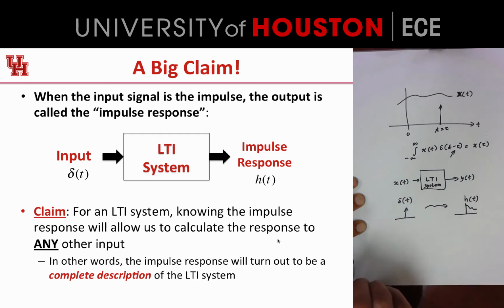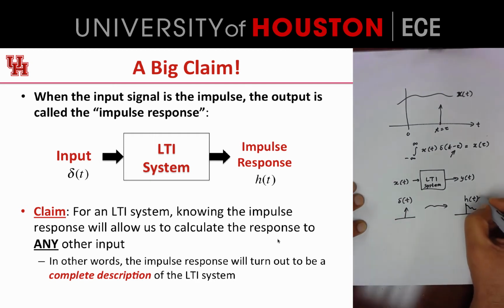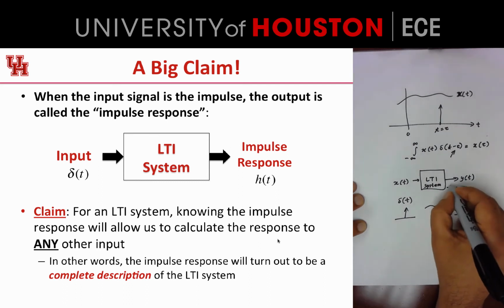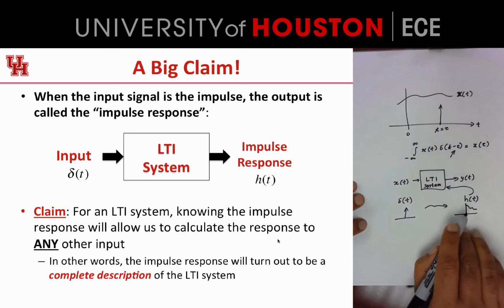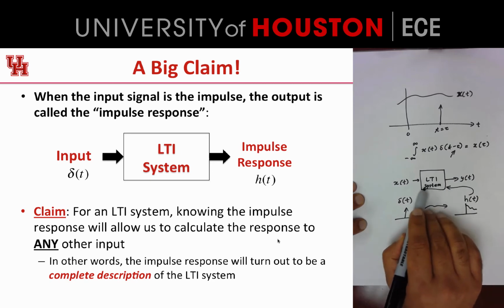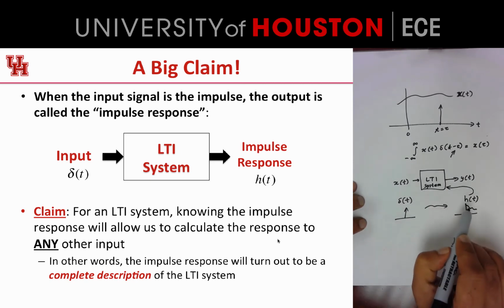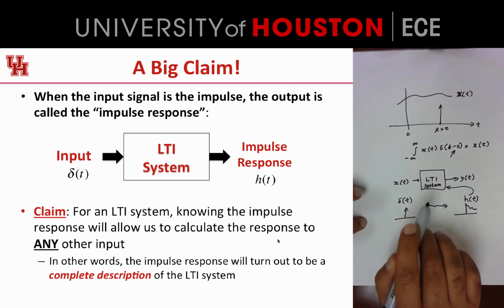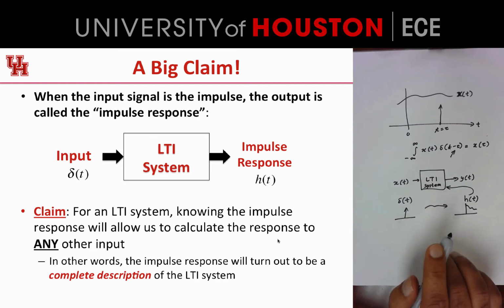Suppose h of t looks like that. Then this is all that I need to know about this system. If I know h of t, I know everything that can be known or needs to be known about the LTI system. In other words, the impulse response is a complete description of the linear time invariant system.